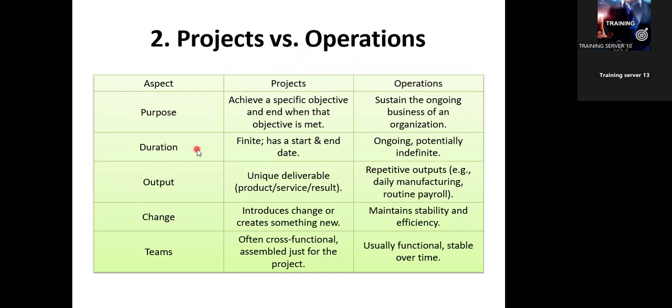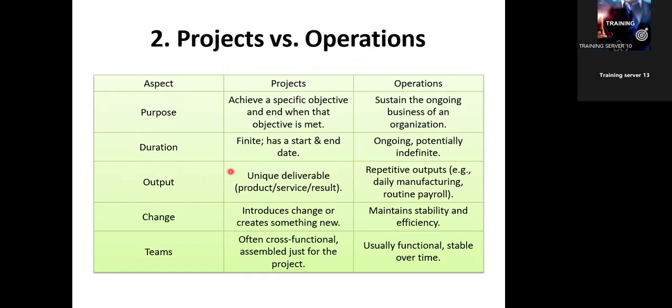How about the other aspect? The other aspect is the duration. Here, of course, it's finite. It has a start and end date, but here it's ongoing, a continuous program, so it's not indefinite time. How about the outcome? Here we have a special service, a special product, a special result.